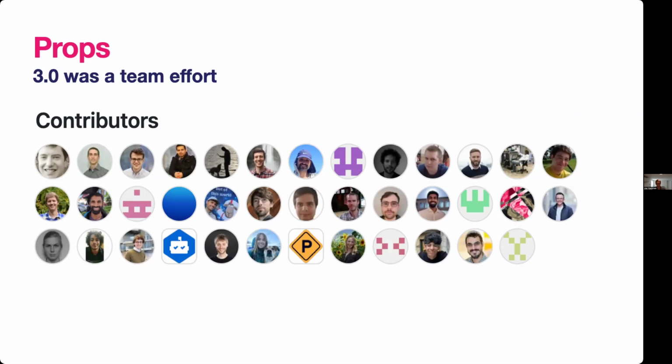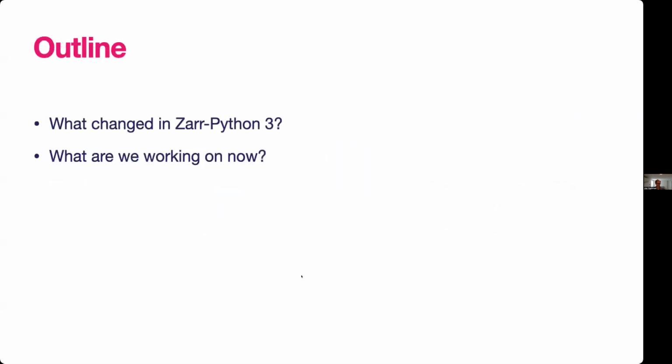We ended up with over 30 contributors to the source code part of the 3.0 effort, and even more with testing and bug reports and documentation and that sort of thing. So big shout out to everybody who contributed. A bunch of faces in this meeting are also pictured on this slide, so that's always fun.